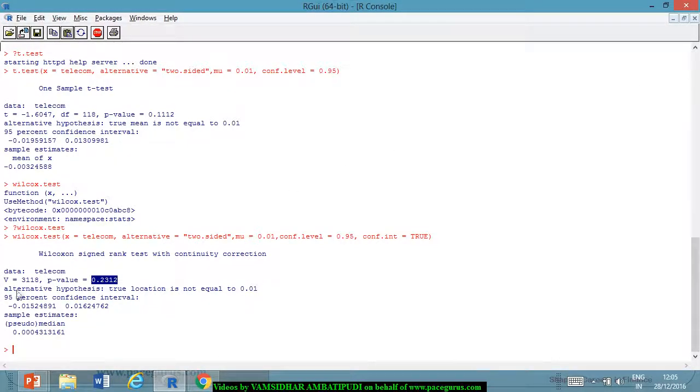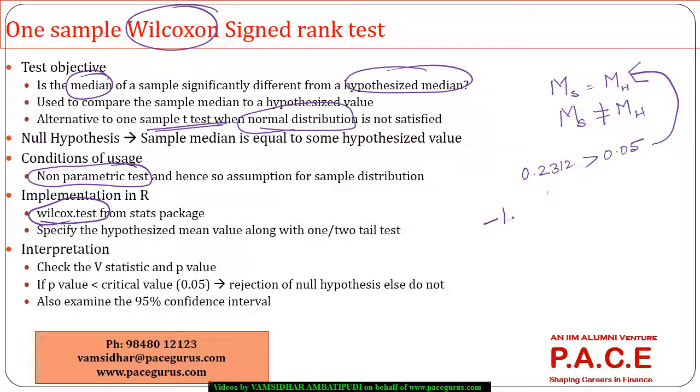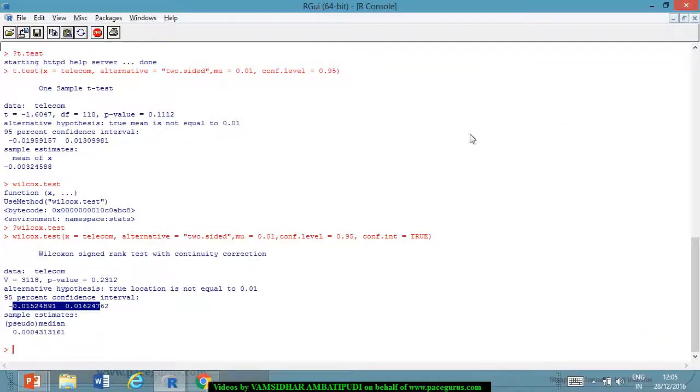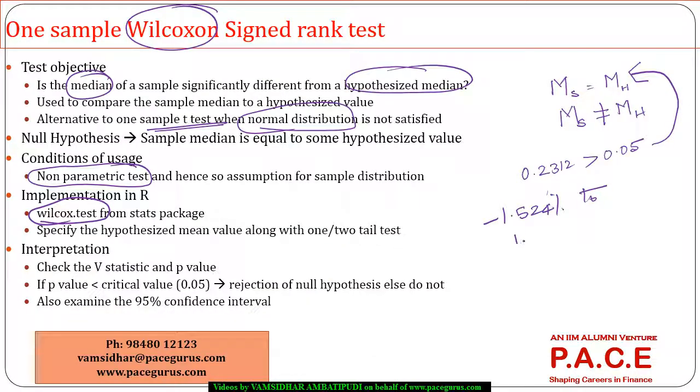And it's also giving the 95% confidence interval for the same. Overall, the sample median is around 0.04%, but the 95% confidence interval is saying it is minus 1.524% to 1.624%.